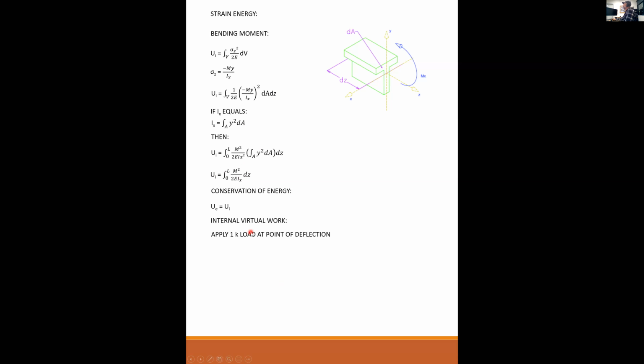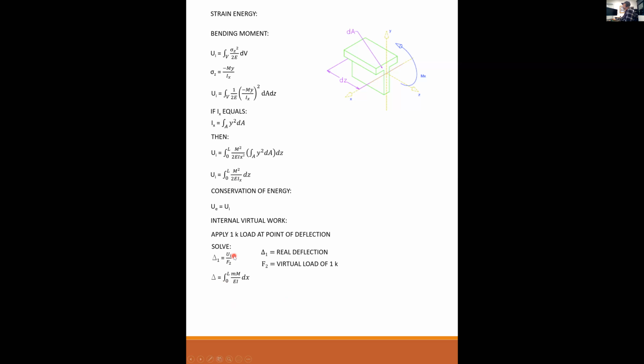So here's where that internal 1 kip virtual work comes in. If I apply a 1 kip load at a point of deflection, then delta 1 is equal to my internal work over my pseudo force F2, where delta 1 is the real deflection and F2 is my virtual load of 1 kip.